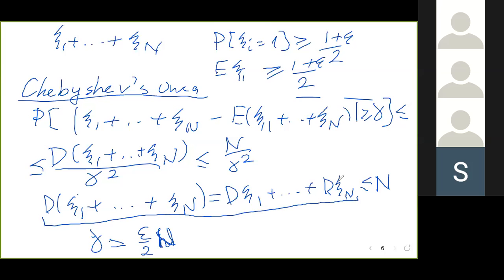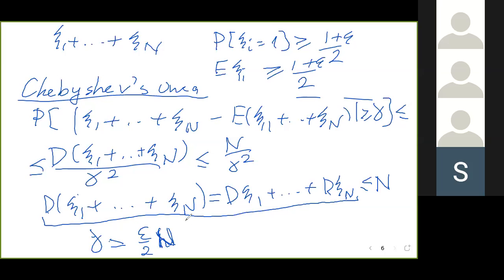And what's important for the sequel, this equality holds and needs only that they are pairwise independent, because how is this proved? The variance of the sum, the variance of any variable is equal to the expectation of its square minus the square of its expectation.